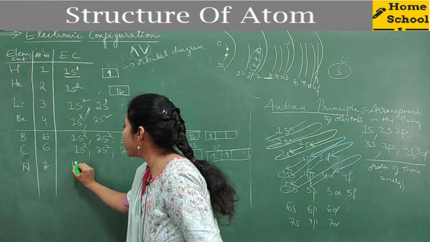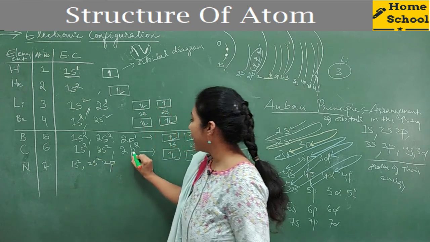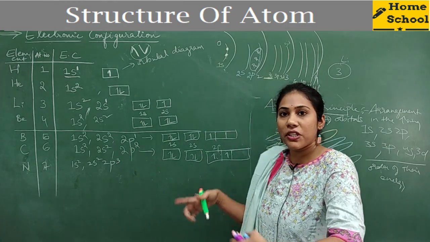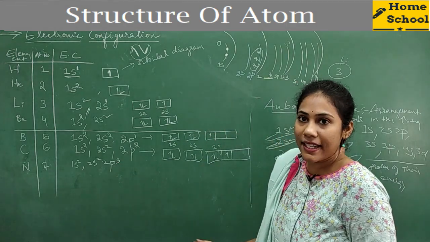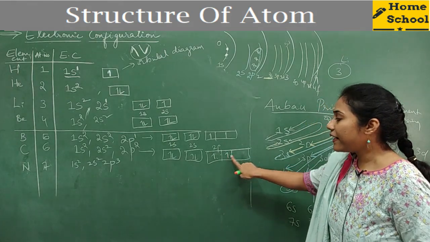Now coming to the 7th element, nitrogen. Its electronic configuration is 1s2, 2s2, 2p3, right? As I told you, the 2p subshell can be filled up to 6 electrons, because there are 3 2p orbitals, each one can accommodate 2.